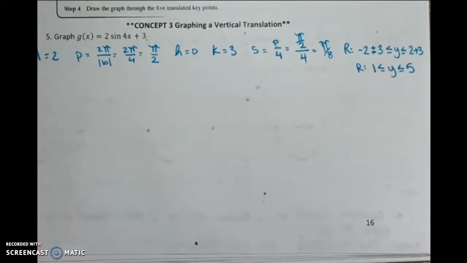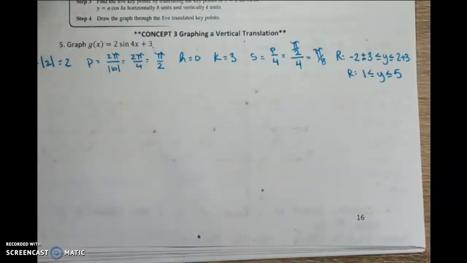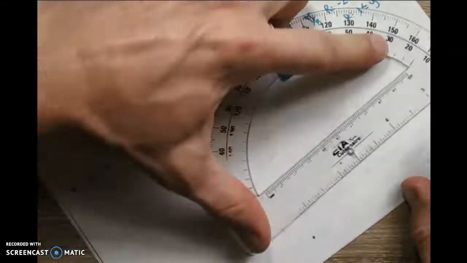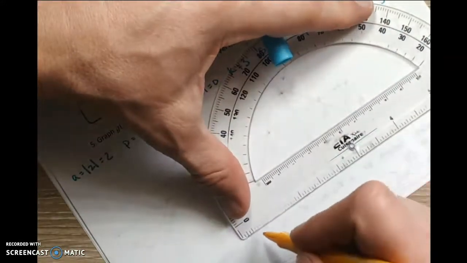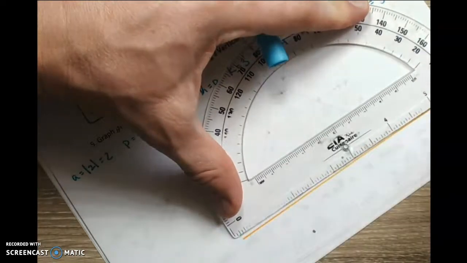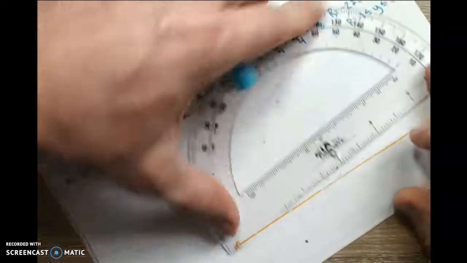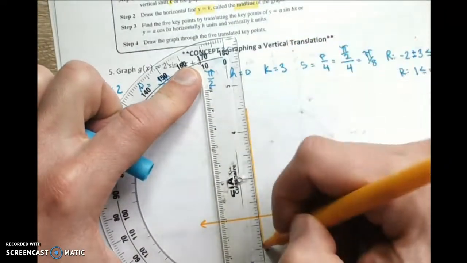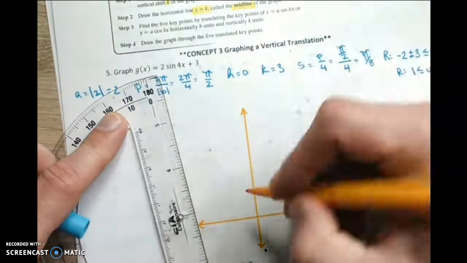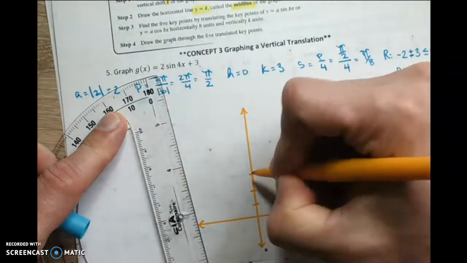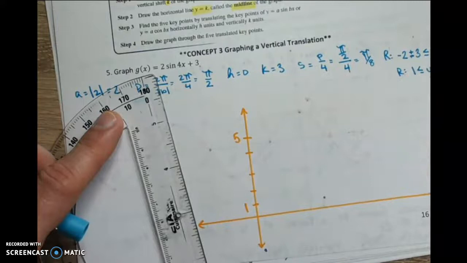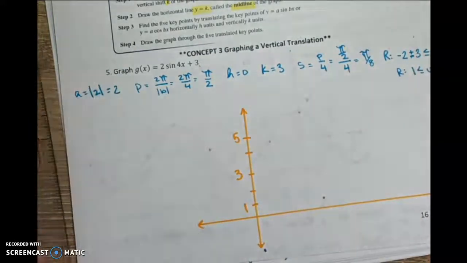Okay, so let's go ahead and get this graph going. And again, how I do it is I have no negatives, so I'm going to go low here. Alright, so I got 1, 2, 3, 4, 5. Between 5 and 1 is our range. 3 is the k, or the midline, and that's a big one.